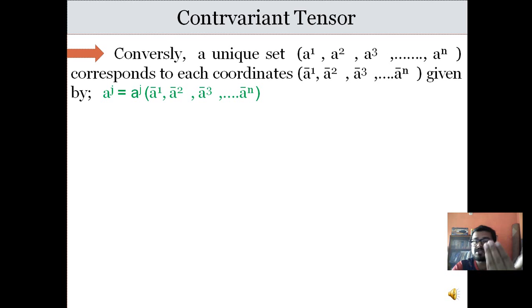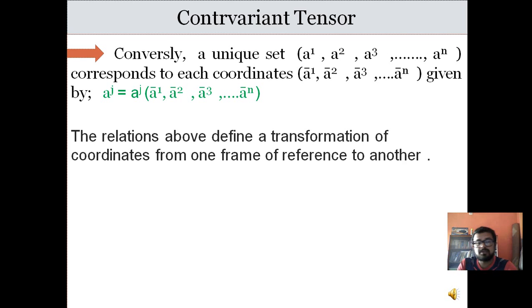We can correlate one frame of reference to another and the other frame back to the previous frame. So two coordinate frames of reference are related to each other by an independent relation. This relation above defines a transformation of coordinates from one frame of reference to another, as I had already discussed.